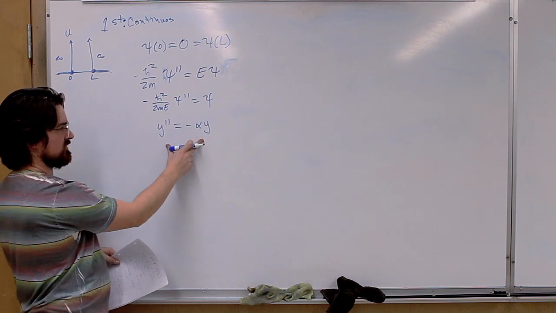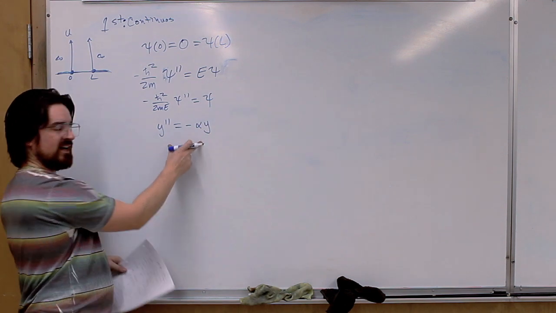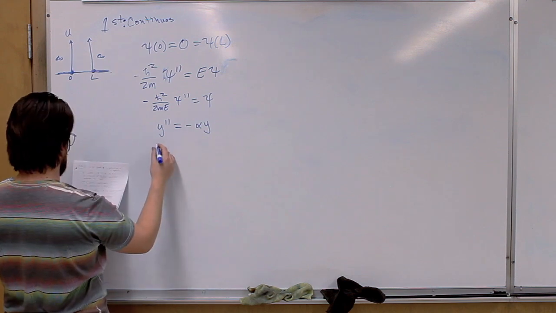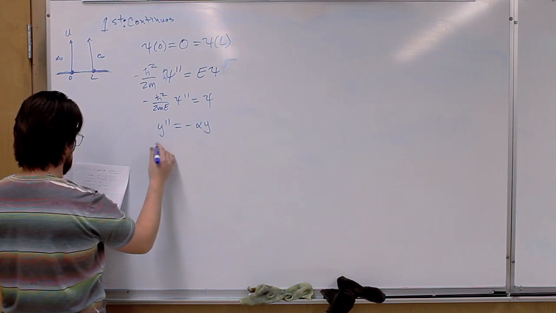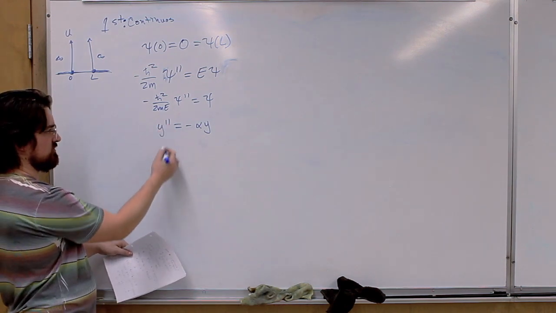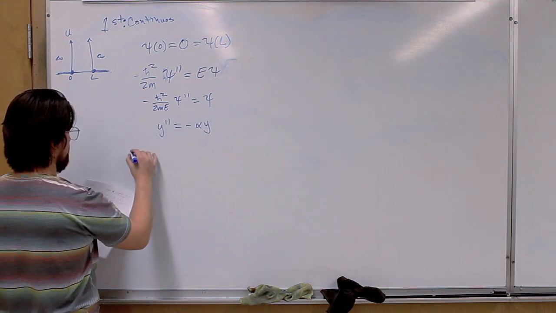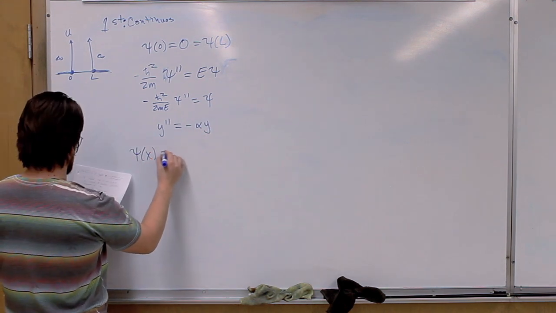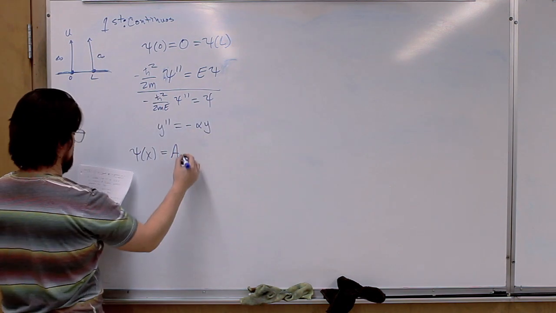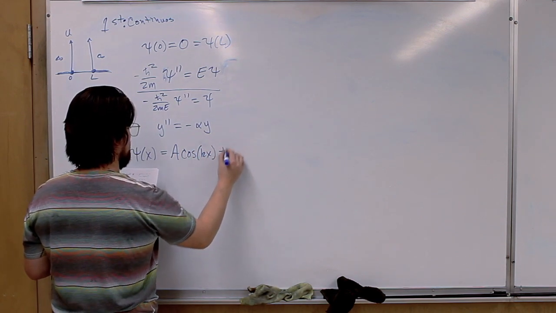And if you've done differential equations, or maybe you have not yet, the things that satisfy this kind of differential equation are oscillating functions. So we're not going to go through the whole derivation, but essentially sine and cosine can be solutions to this, and you can just prove that yourself. Just take two derivatives of sine, and you get back negative some constant times sine, or cosine. So in general, a solution to the Schrödinger equation inside this box is going to look like a cosine, or a linear combination of cosine and sine.